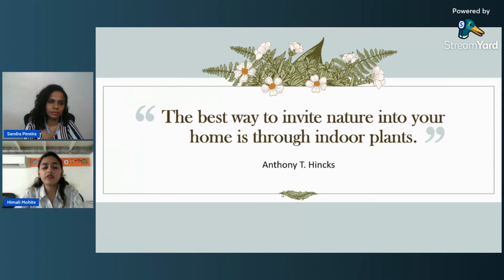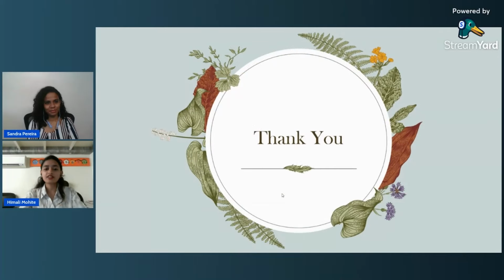It is a good way of bringing the outdoor environment into the indoors. So overall, indoor plants are natural examples of living environment in our surroundings. That's it. This was all about the indoor plants.